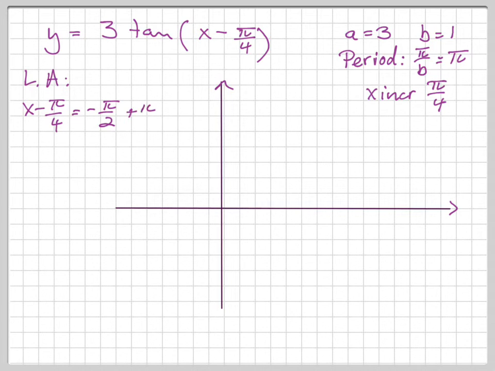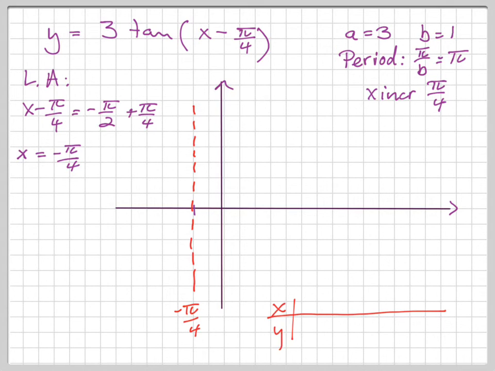Now add pi over 4, and we get x equals negative 2 pi over 4, so negative pi over 4. Negative pi over 4 is our left asymptote. So if I make my table, x, y, at negative pi over 4 we have undefined.